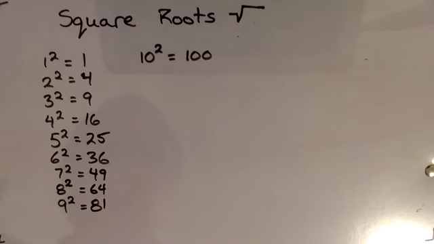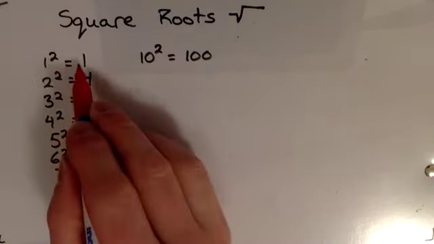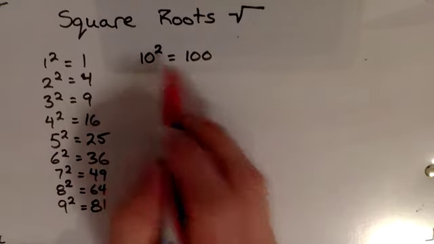But after that, you can actually find out a whole bunch more numbers just with one simple little trick. And that is, if you look at what we've got here, we've got 1 squared is 1, and 10 squared is 100.